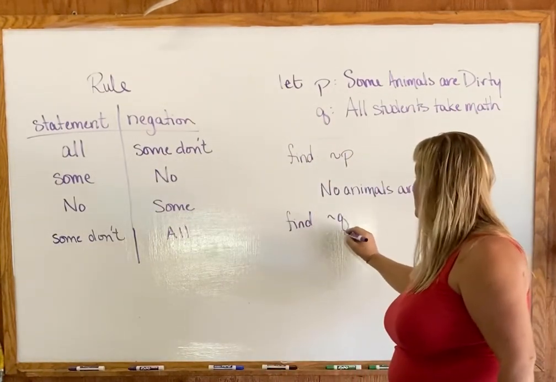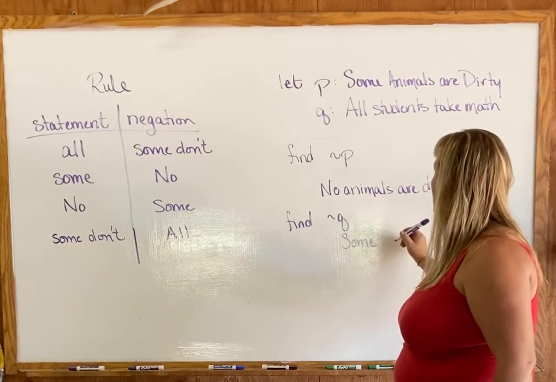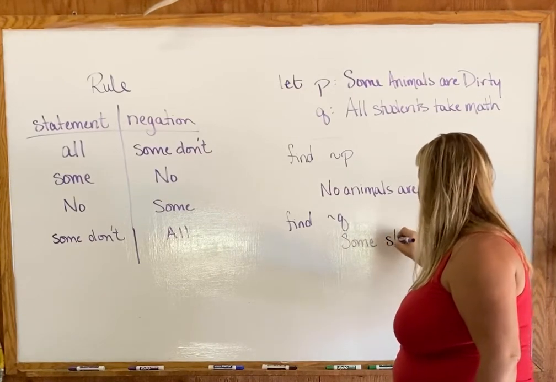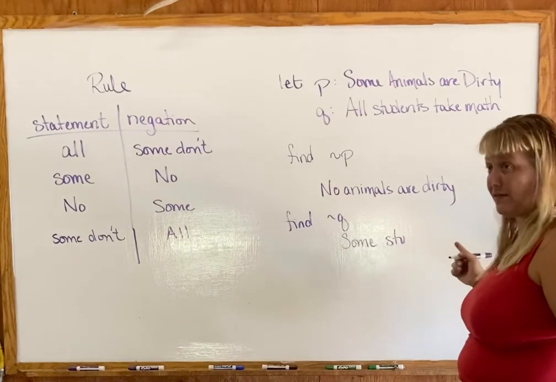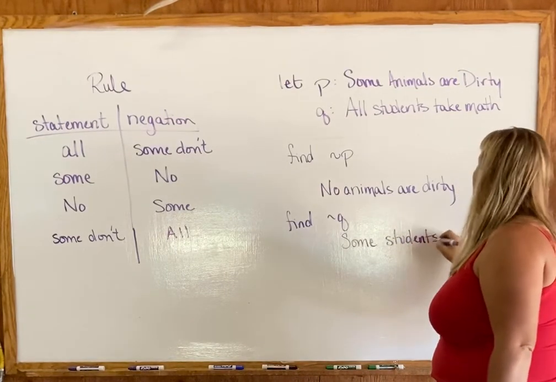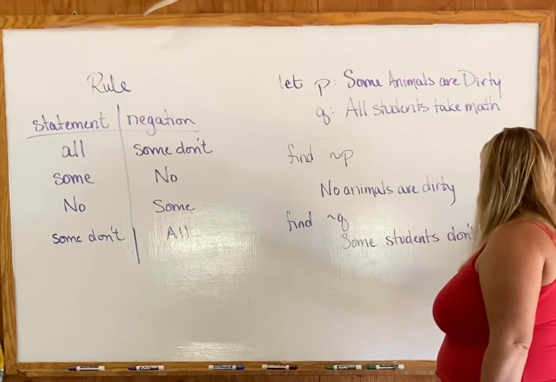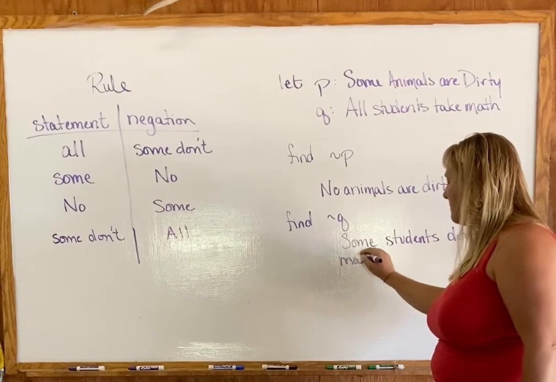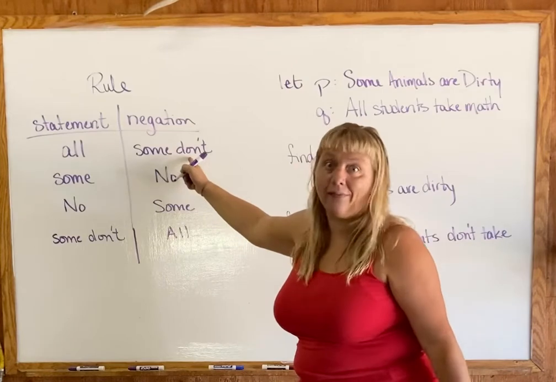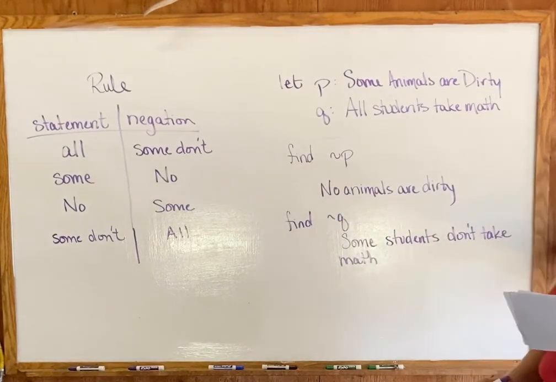So some students don't take math. Don't get caught up on the fact that the words don't have to come together. So some students don't take math. That's the negation there.